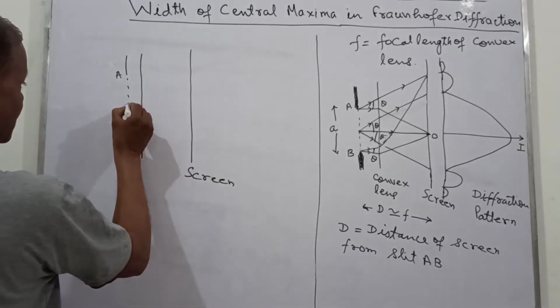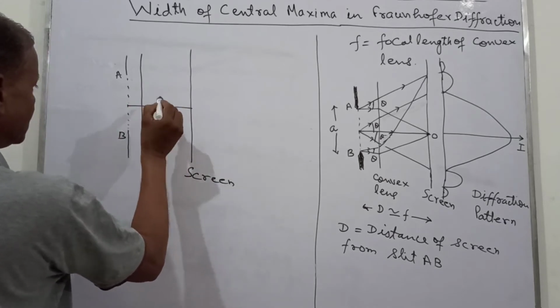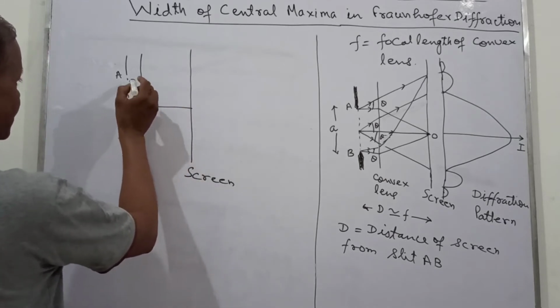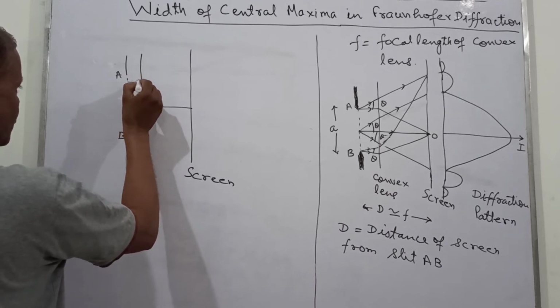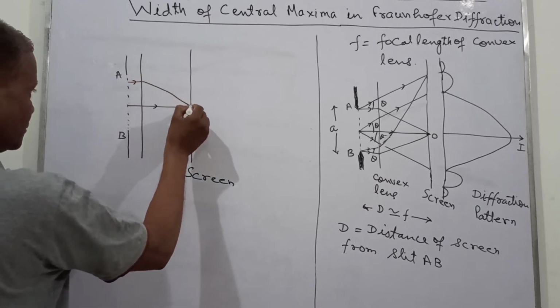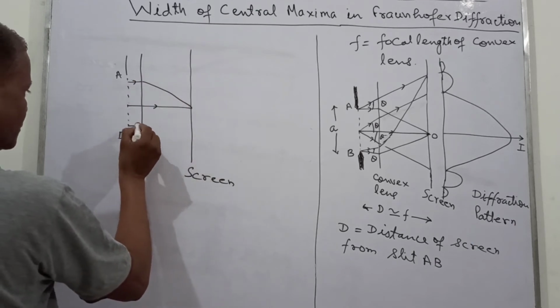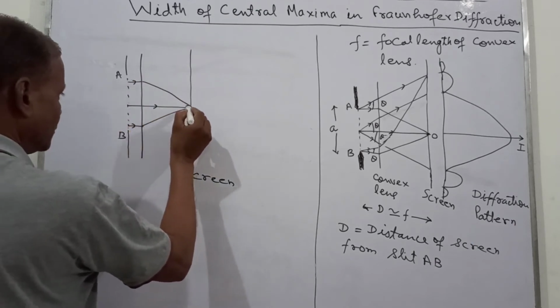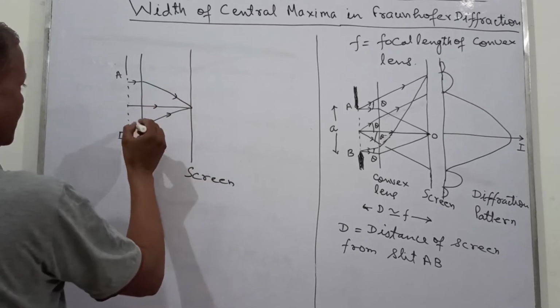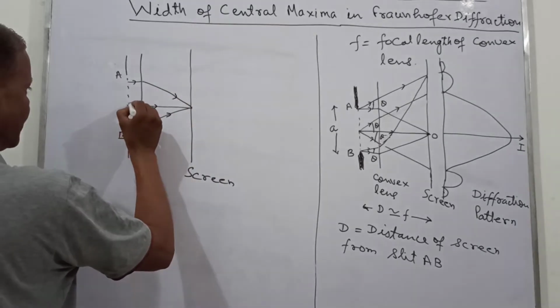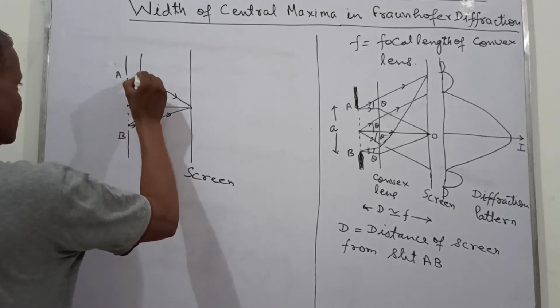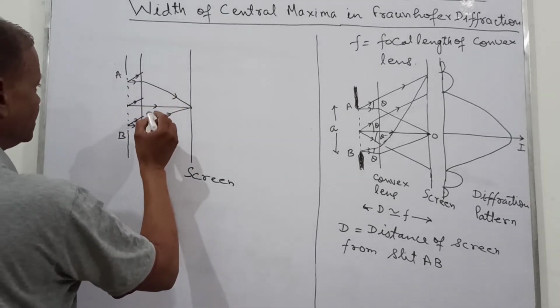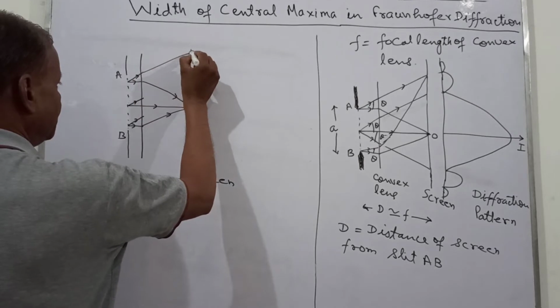This is for the central maximum. If this is diffracted at angle theta, then they will reach this point.